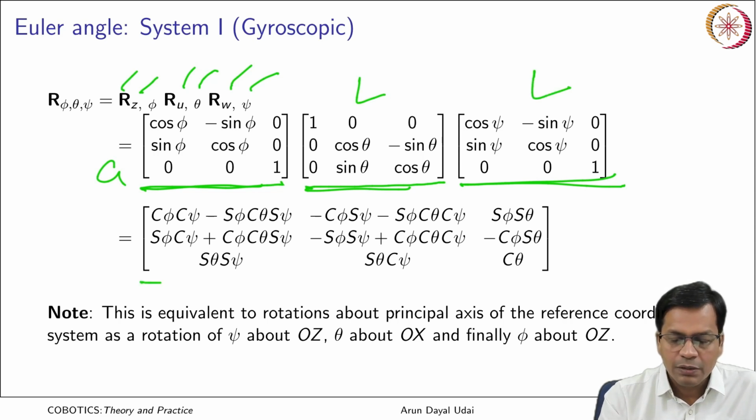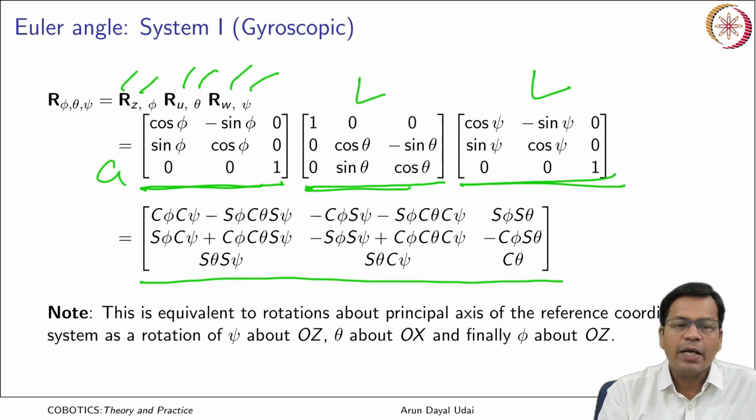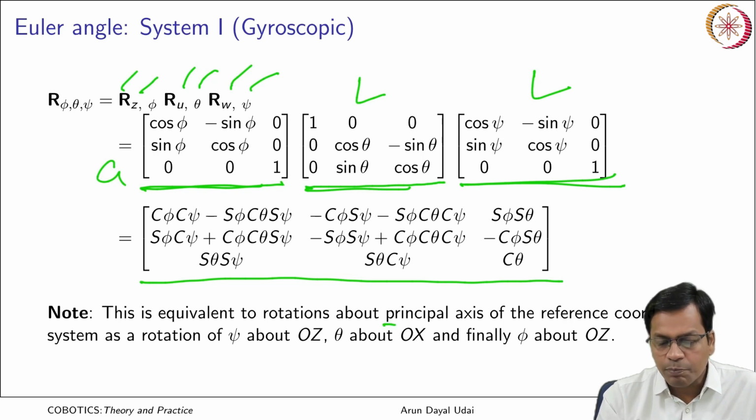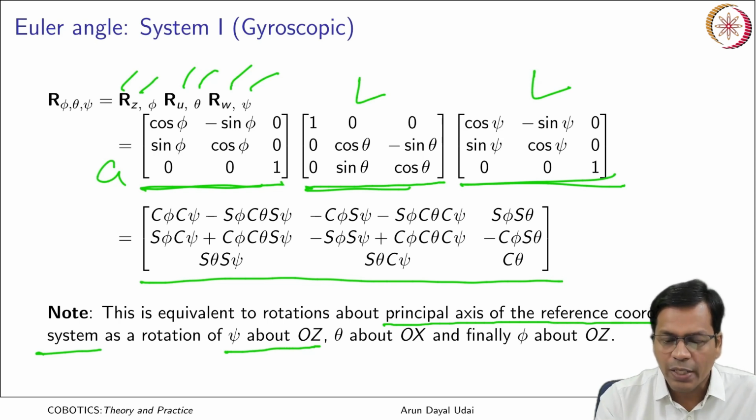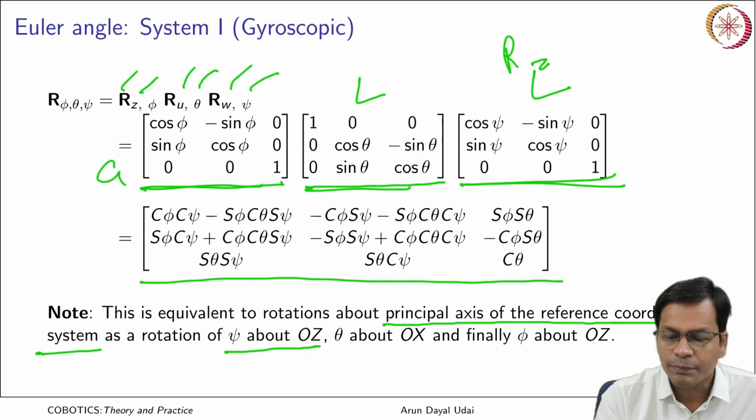This gives me this. Irrespective of this, the same orientation can be achieved by a different approach. This is equivalent to rotation about the principal axes of the reference coordinate system: rotation of phi about z. So this is rotation about the z axis by an angle phi, is it not?